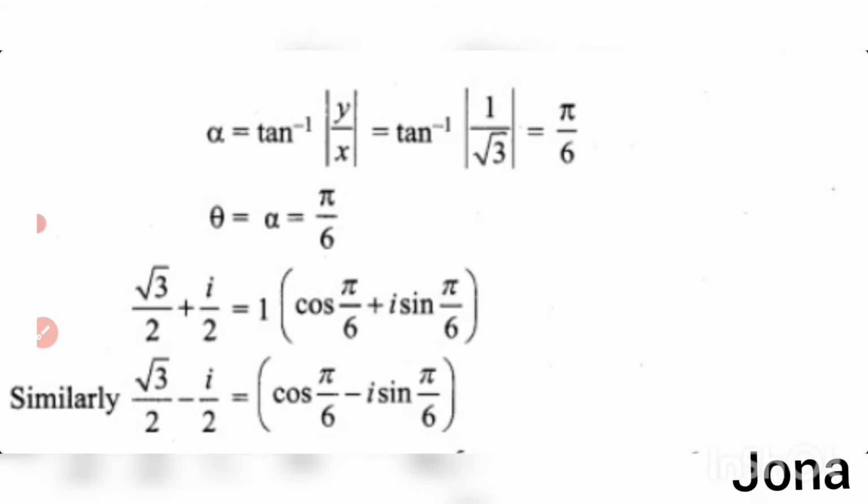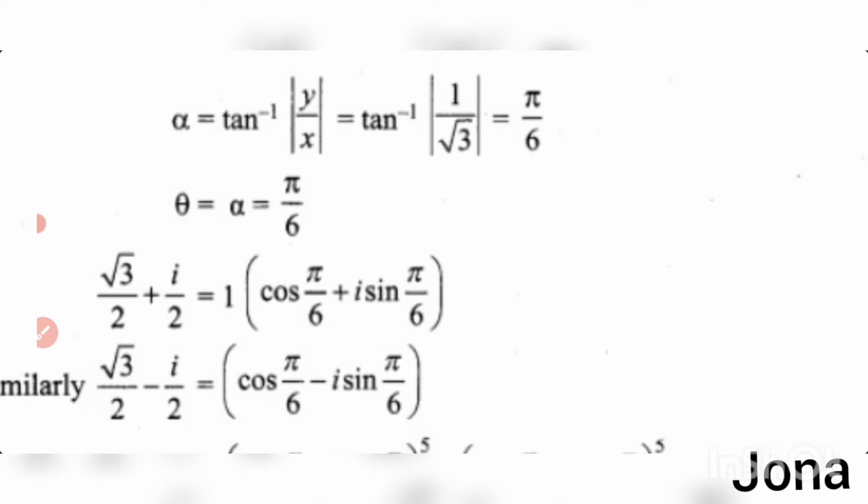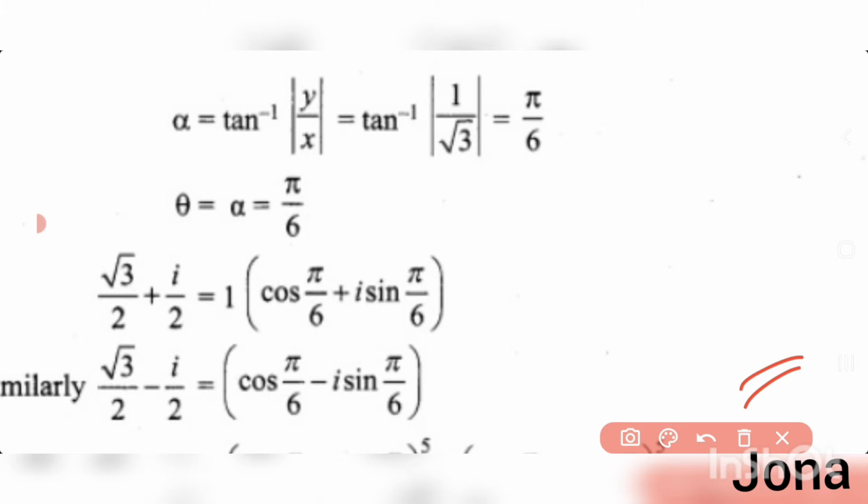So for theta, first of all we want to find the value of alpha. Alpha is nothing but tan inverse of modulus of y by x. Here y is 1 and x is root 3. So tan inverse of 1 by root 3 is nothing but pi by 6. Alpha is pi by 6. We want to find the value of theta.